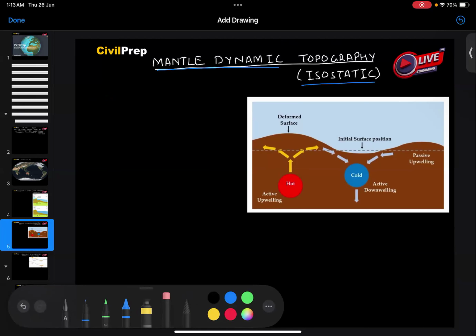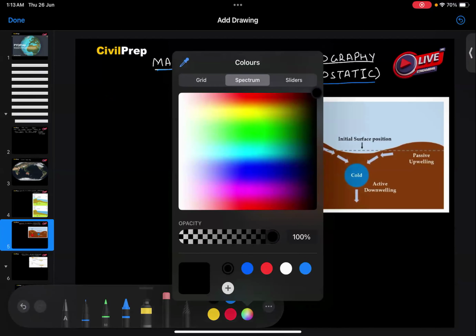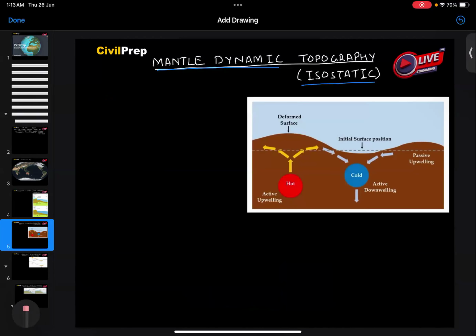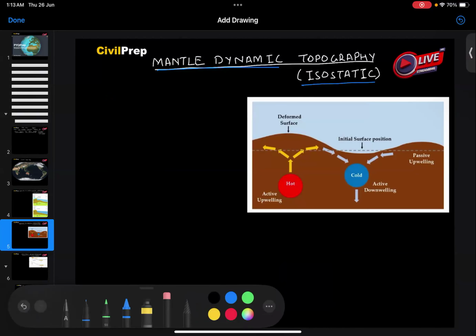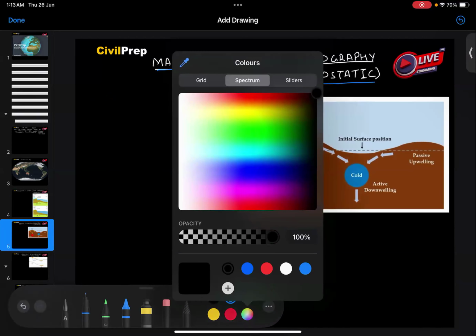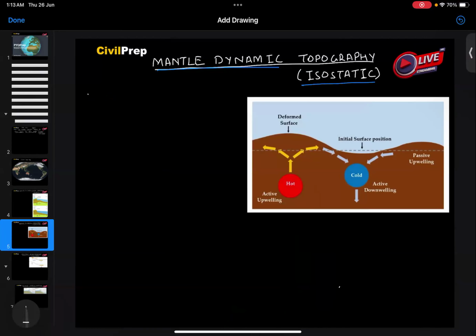Now under the mantle dynamics, we can see a region where the magma is present and it is upwelling. Because of the upwelling, there is a rise in the land, or we can say upliftment.